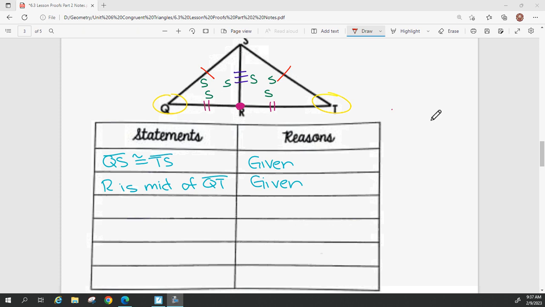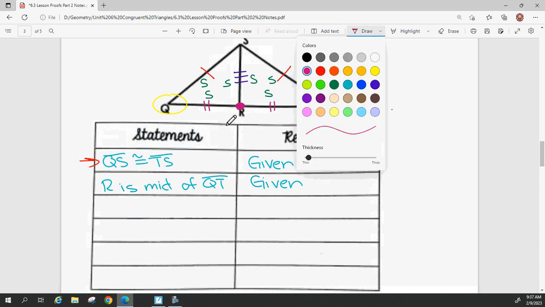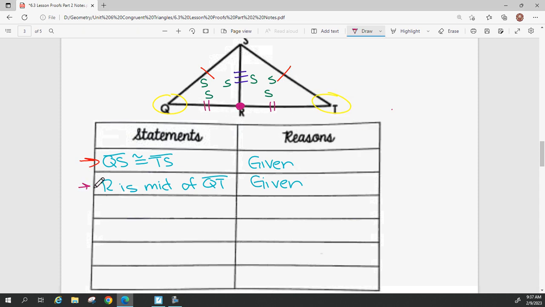So we've got the given information on here, and we always use our given information to put some markings on to the picture. So then we should document what we've marked up. We already marked up QS and TS, which we said. And then the midpoint told us that QR was congruent to TR.